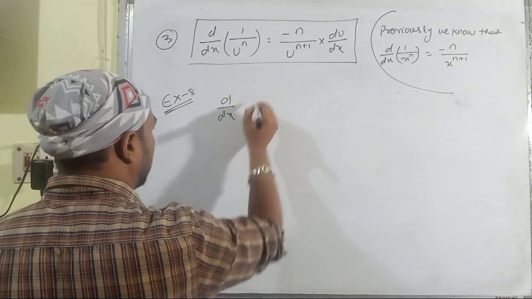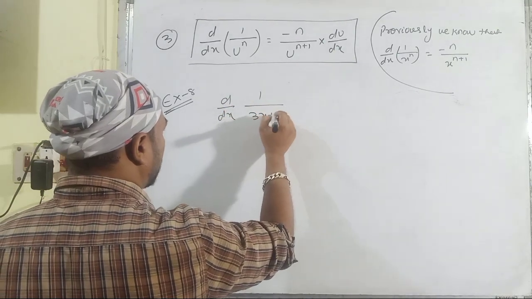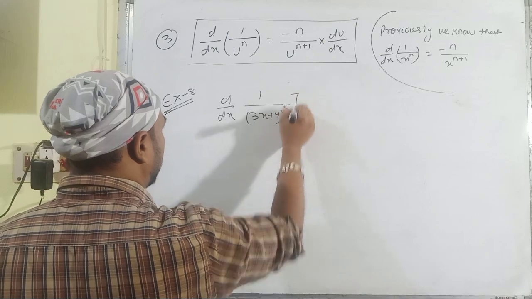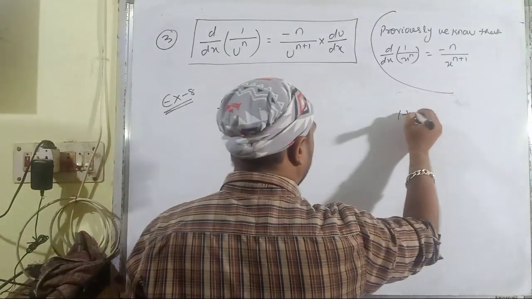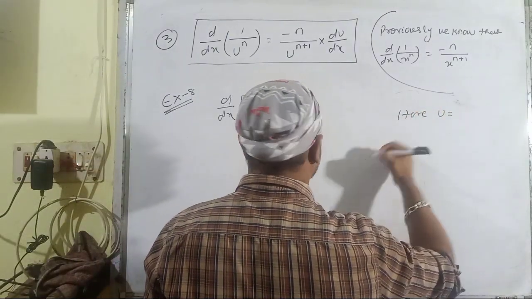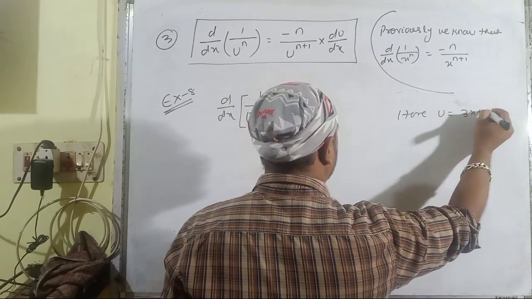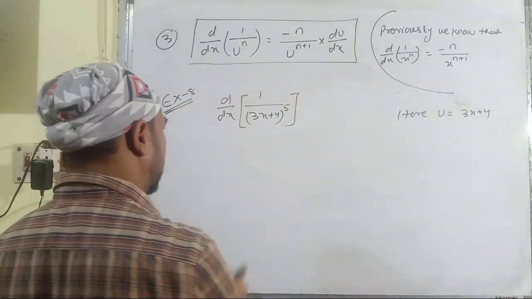Differentiation of 1 upon 3x plus 4 whole to the power 5. Here u is equal to 3x plus 4 because this is in the variable x.